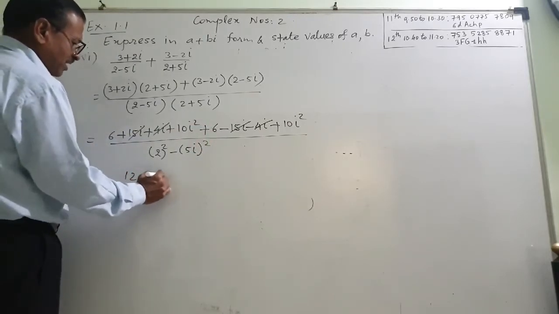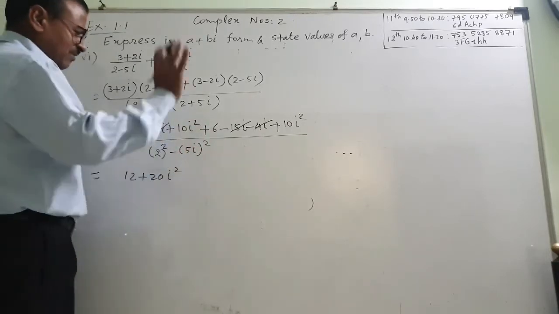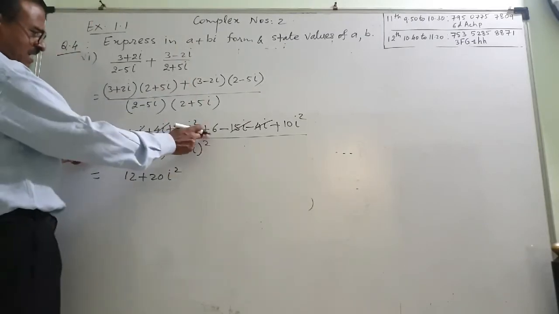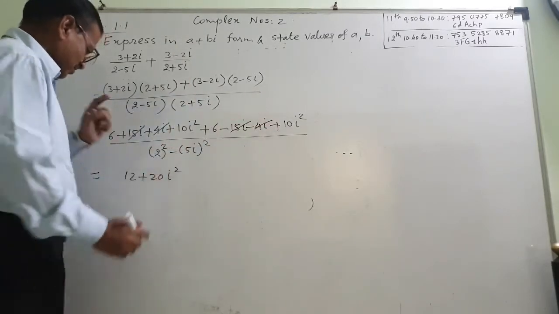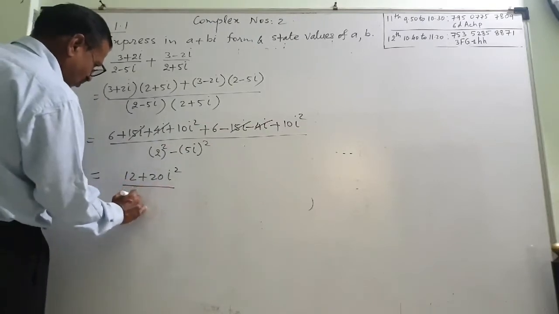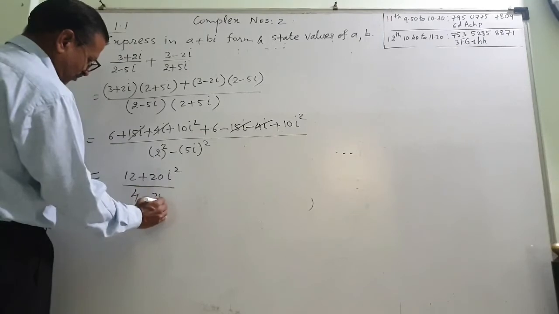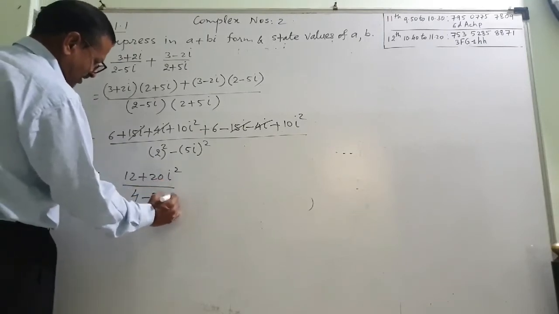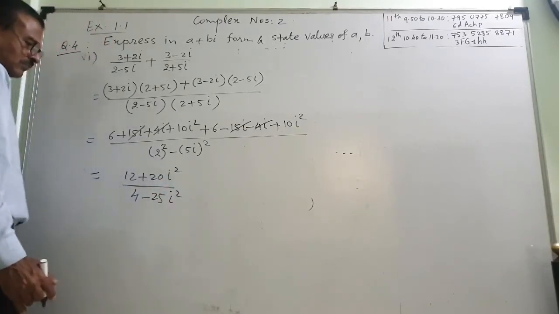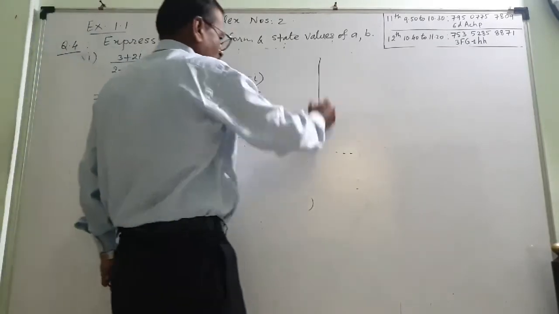12 plus 20 i square. Directly we will do. 6 plus 6 is 12, 10 plus 10 is 20 i square, upon 2 square is 4 minus 5 square is 25 and i square is i square. So here we will go.